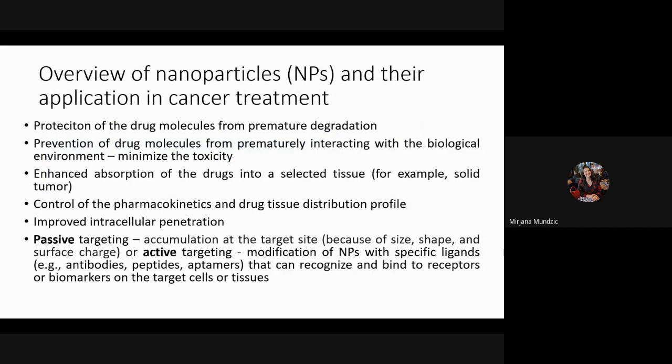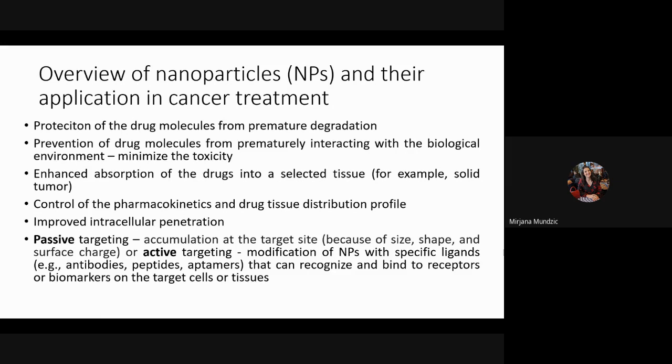Because of that, a lot of groups around the world are nowadays synthesizing nanoparticles and talking about their application in cancer treatment. First of all, the usage of nanoparticles as drug molecule carriers protects the drug molecules from premature degradation, which is very important.